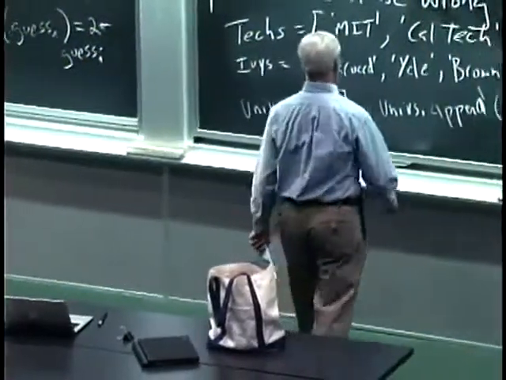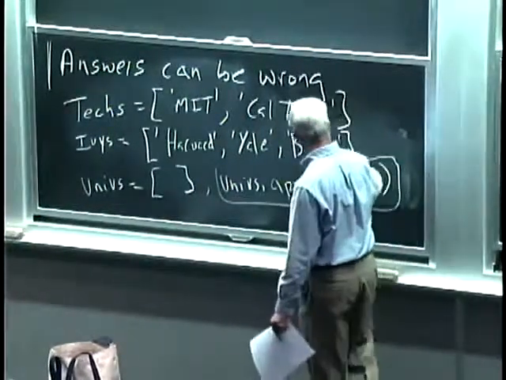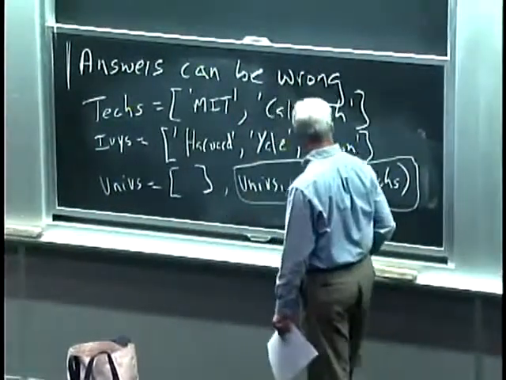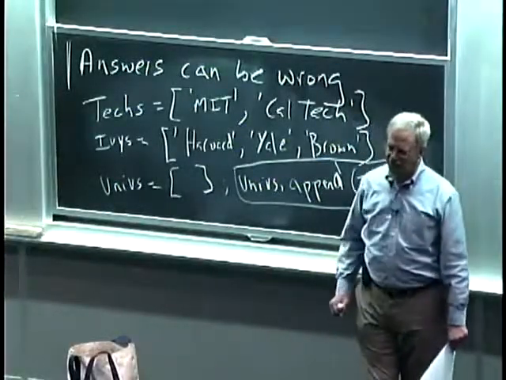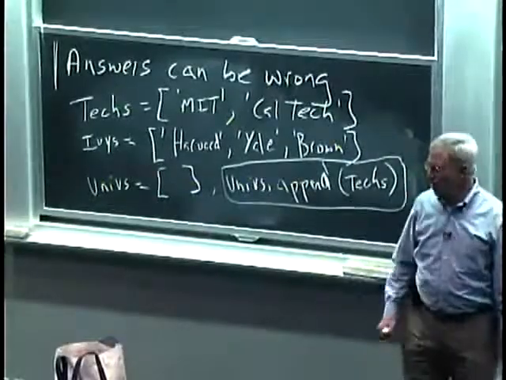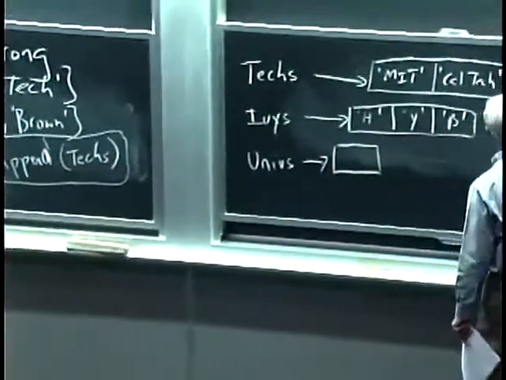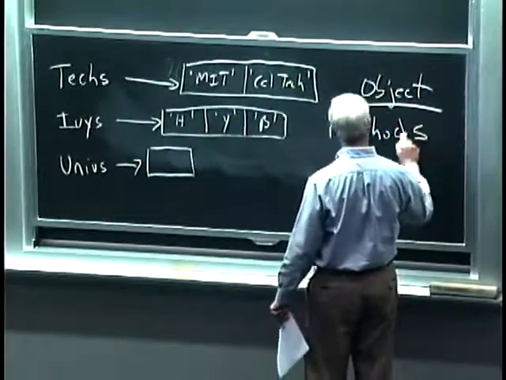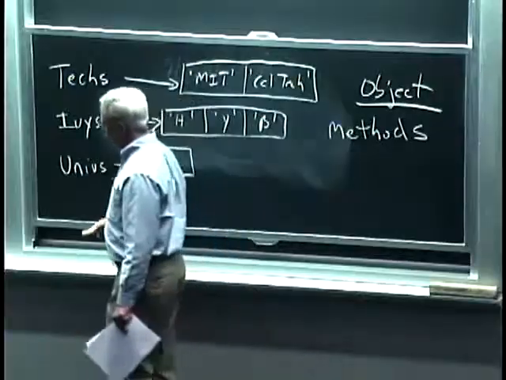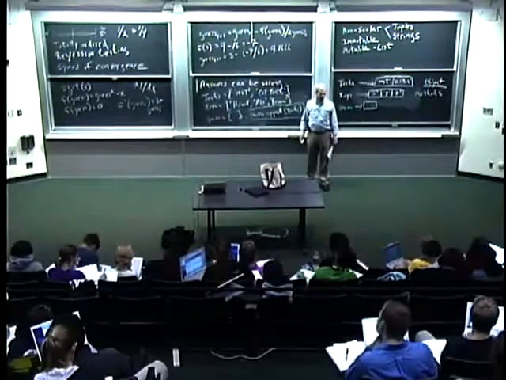Now, I should mention this notation here. Append is what is in Python called a method. Now, we'll hear lots more about methods when we get to classes and inheritance. But really, a method is just a fancy word for a function with different syntax.